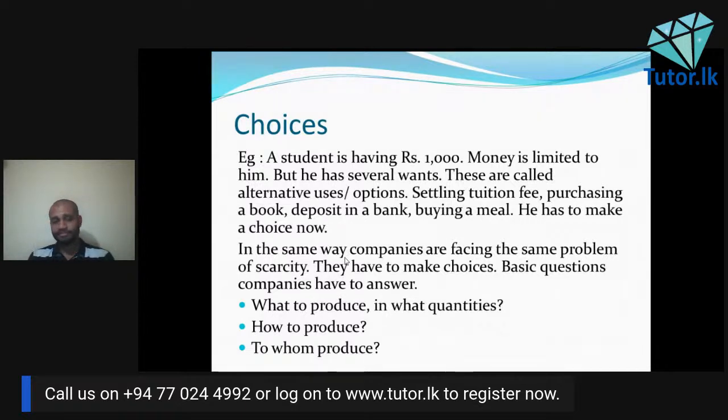They have to make a choice there, and about what quantities they need to produce, and how to produce, whether they are going to use employees more or machinery more, and to whom to produce, what is the customer base, in which market they are going to sell that. Those are the basic economic questions that the companies are facing. Because of this reason, the companies have to make choices.